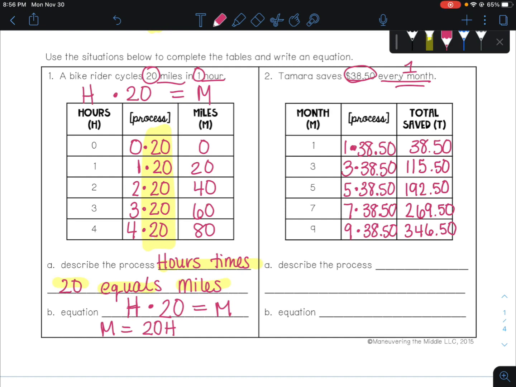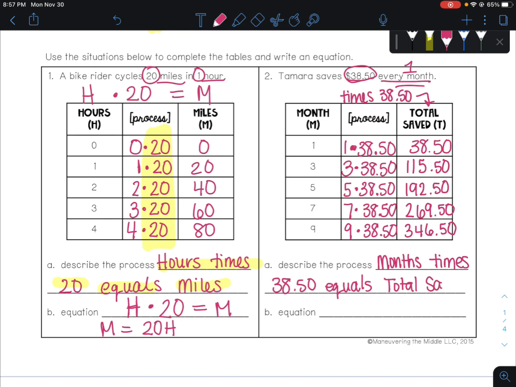Now let's describe the process. So in general, to get from the months to the total saved, we're taking the months and we're doing times $38.50, and then it's giving us the total saved. So months times $38.50 equals total saved.